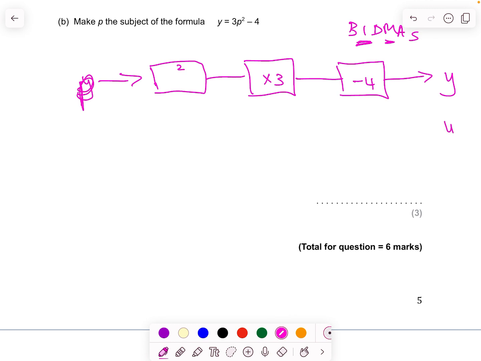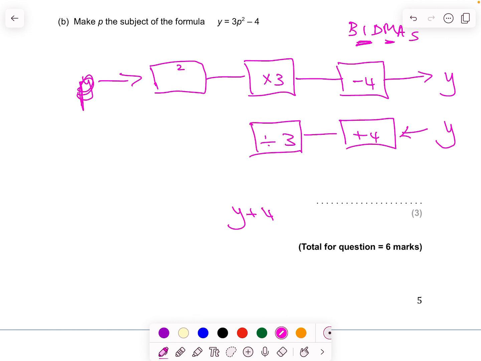Now we take Y, and the first thing we're going to do is undo the take away 4 by adding 4. So I'm going to write that underneath so that you can see I'm doing it bit by bit. Y plus 4. Then I need to undo the times by 3 by dividing by 3. So in algebra, we write it like this. We're dividing the whole thing by 3.